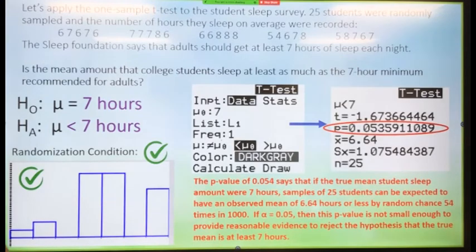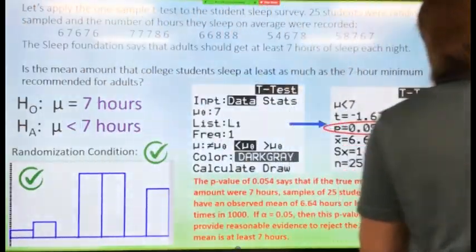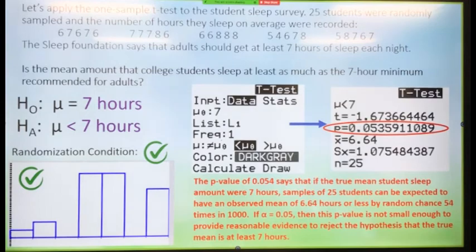So, the p-value of 0.05 says that if the true mean of students' sleep amount were 7 hours, and I take samples of 25 students, it can be expected to observe a mean of 6.64 or less by random chance 54 times out of 1,000, or 5.4 times out of 100.